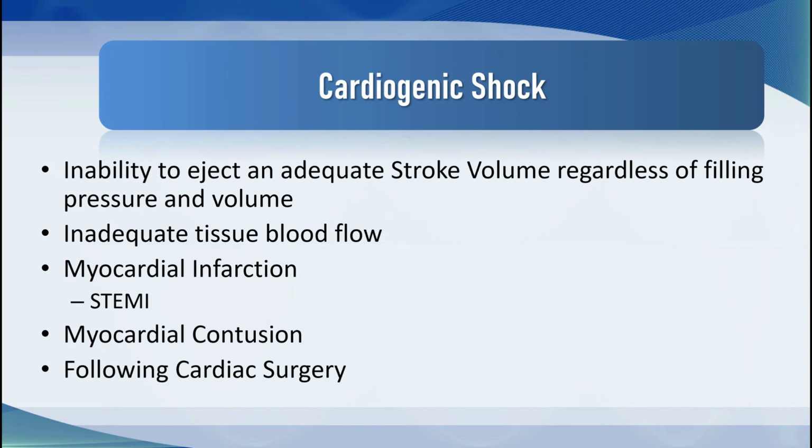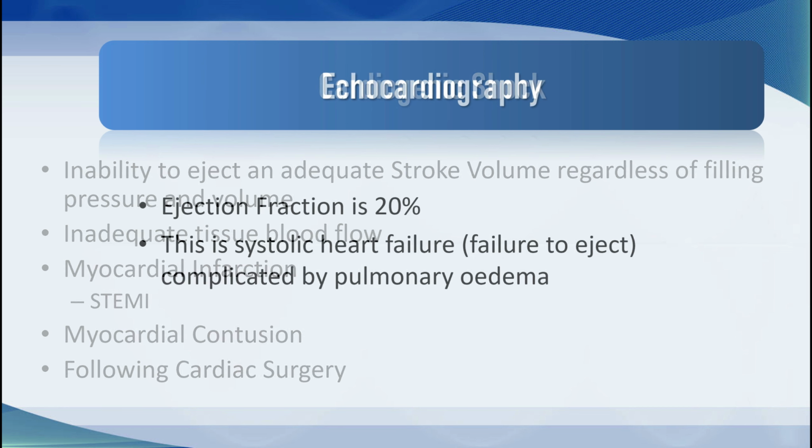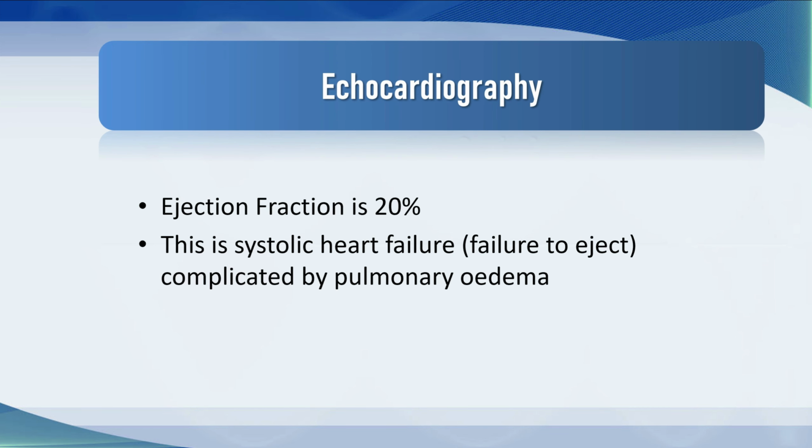In the ICU, we also see cases of cardiogenic shock in some patients coming back after cardiac surgery, where an intra-aortic balloon pump, for example, may be needed to get the patient off bypass. On echocardiography of this particular patient, he has an ejection fraction of 20% and there is severe systolic heart failure, failure to eject complicated by pulmonary edema.